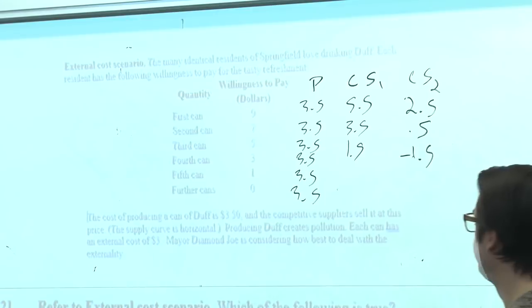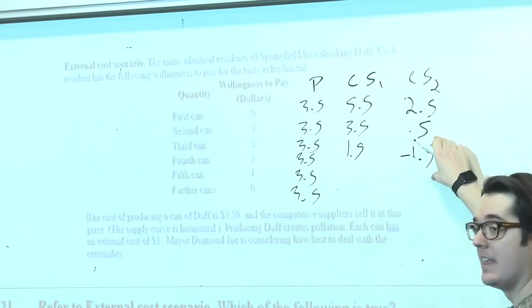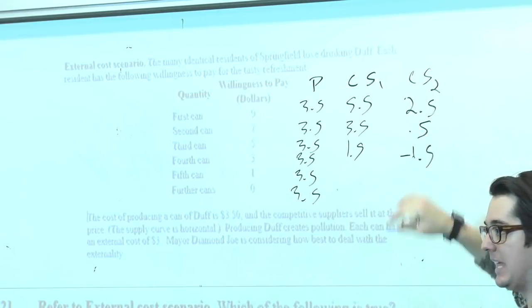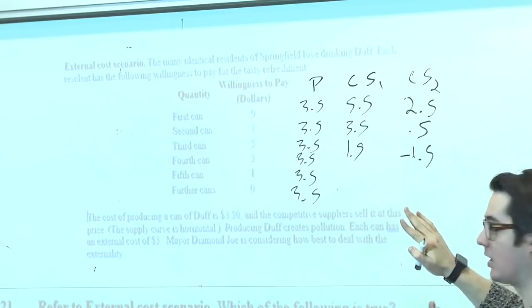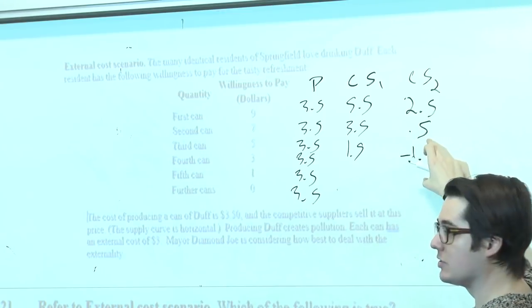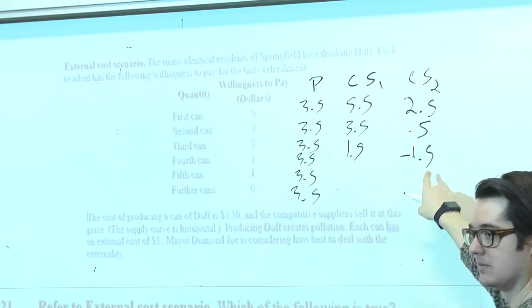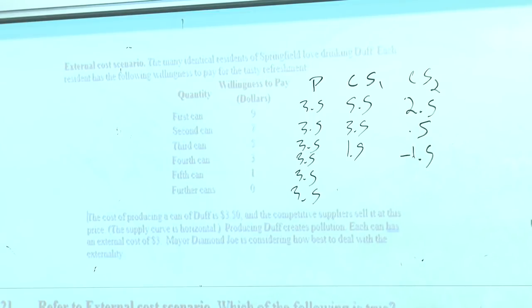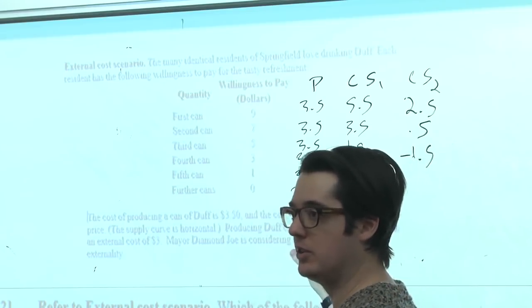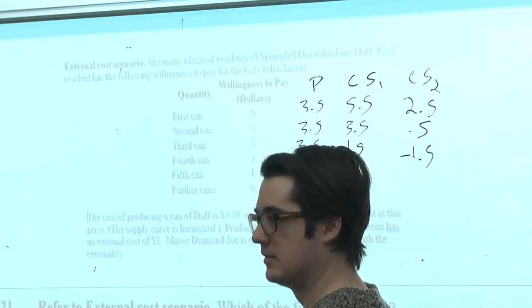Okay, so we know that by ignoring this $3 external cost, we are reducing society's consumer surplus by $1.50 per person. How many beers would you drink if we included the external cost? 2.